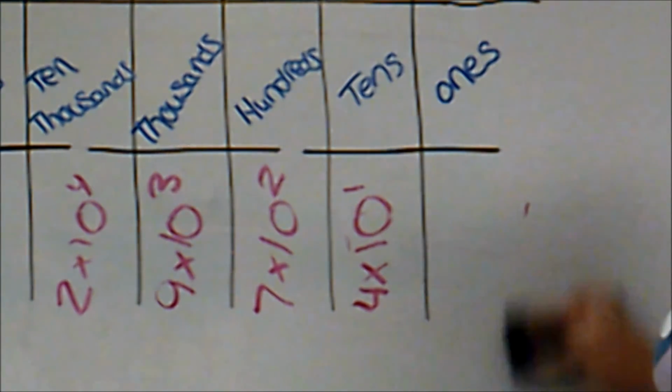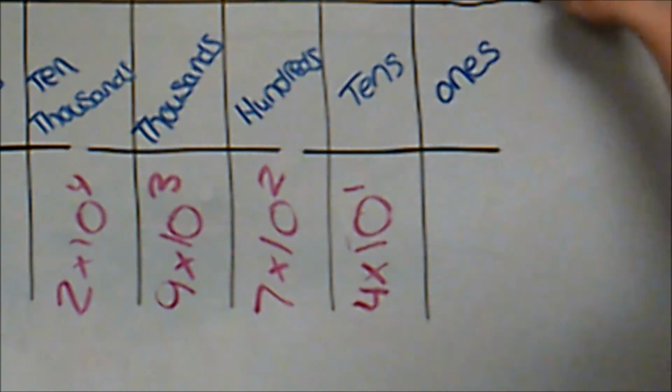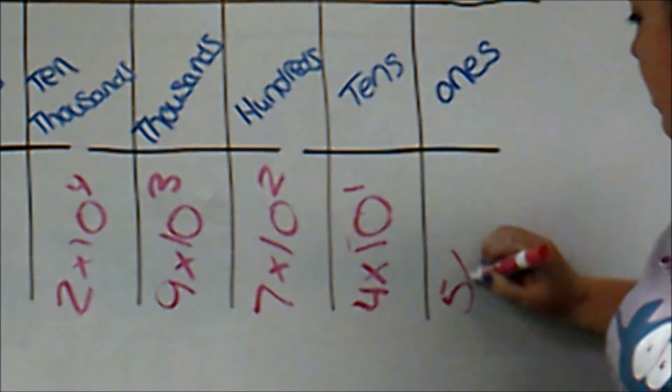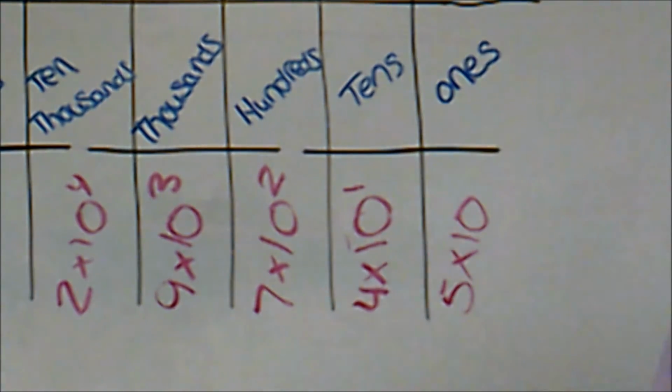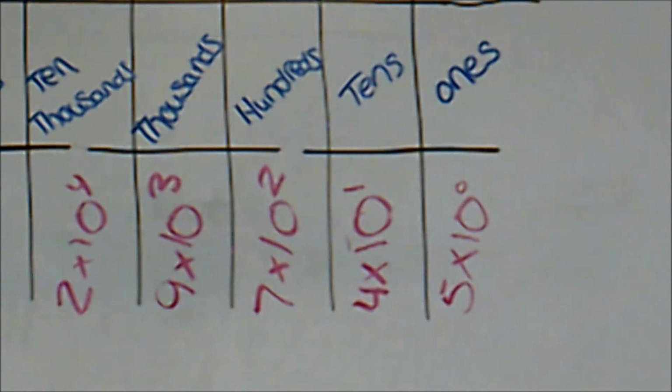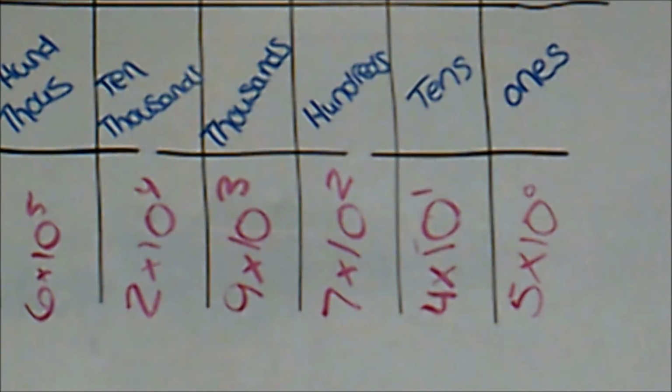So the way to get around this is to take whatever you have in your ones place. In our case it's a 5 times 10, and because there's nothing behind there, we raise it to the 0 power because there are no zeros behind the ones place.